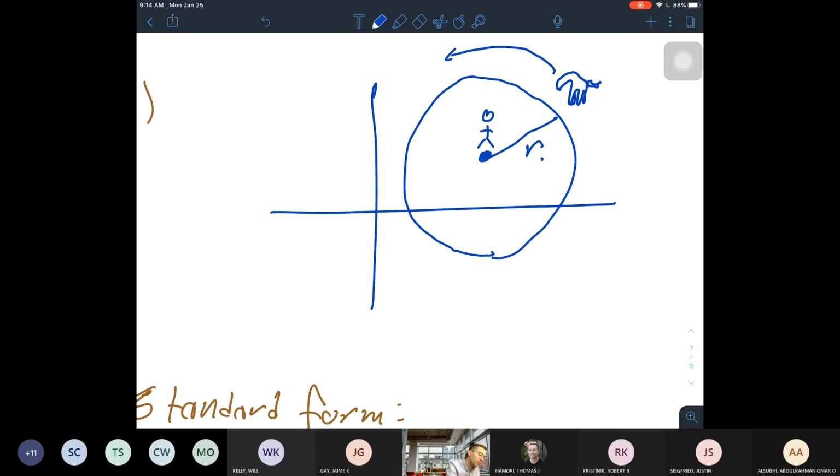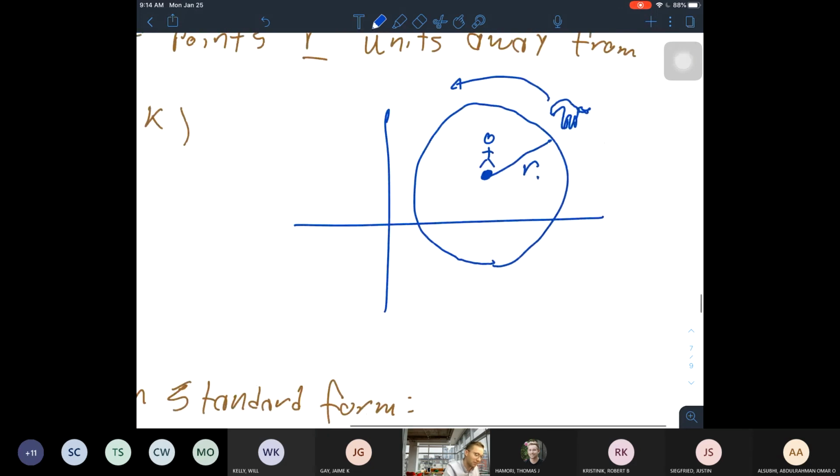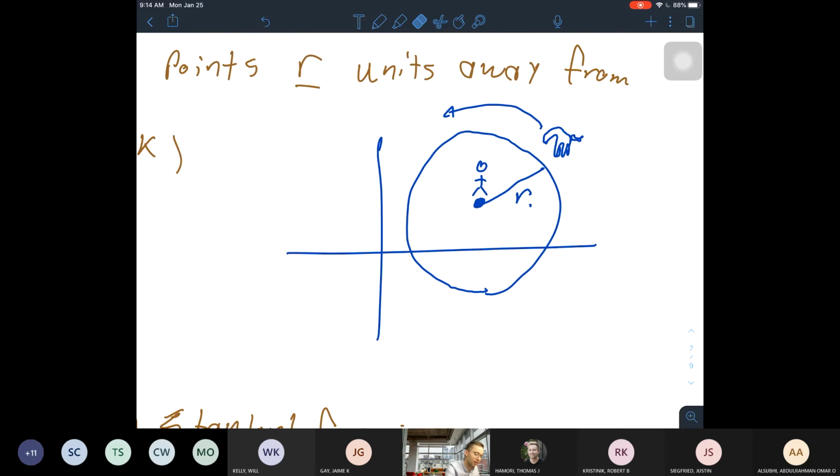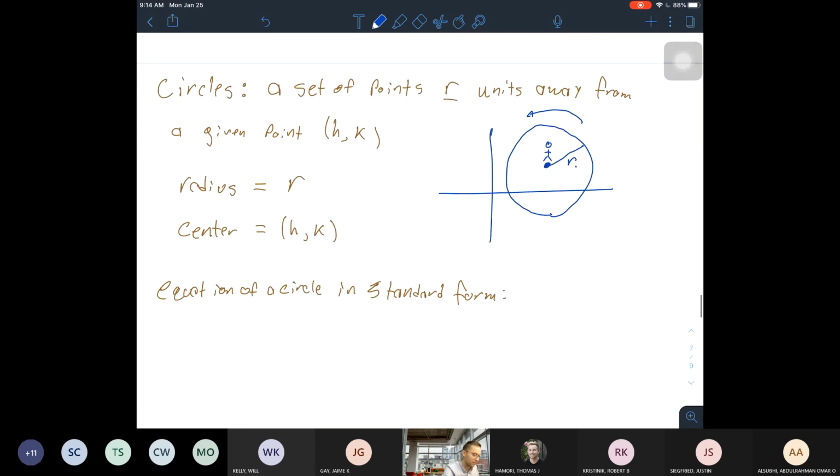It would be the set of points which it walks around when it's trying to mill those grains or something like that. Okay, wow, man, I've never had to draw a horse before, so just ignore this.